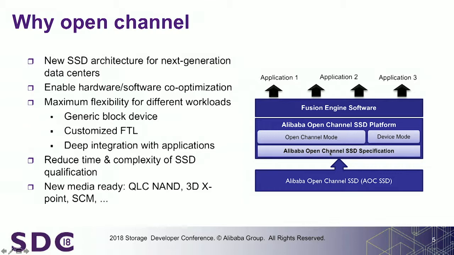So we have those three layers combined together. Then we can do a full co-design and co-optimization. And since we control the FTL, we have the maximum flexibility to optimize for different workloads.